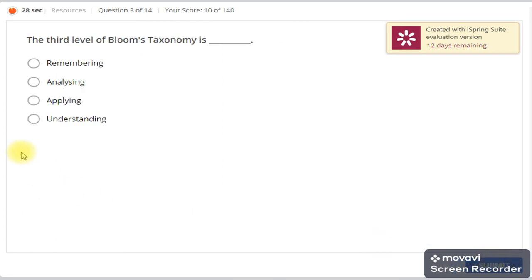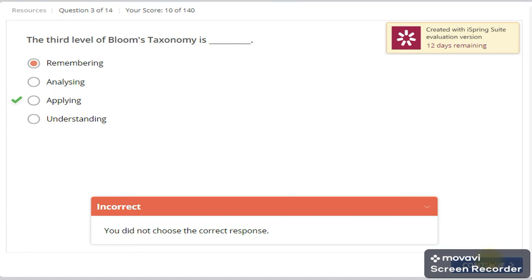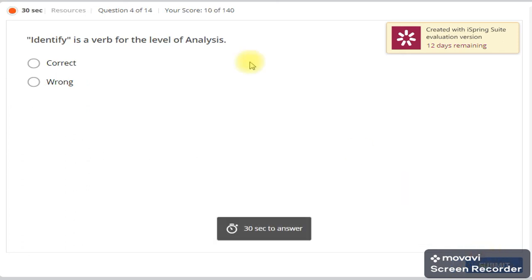So now I'm going to simply click the first option and I'll submit. The thing about iSpring is you cannot copy, because every time you attempt the quiz the options will be reshuffled. So there's no way you're going to say, okay, the first time I answered this, it was the right answer.